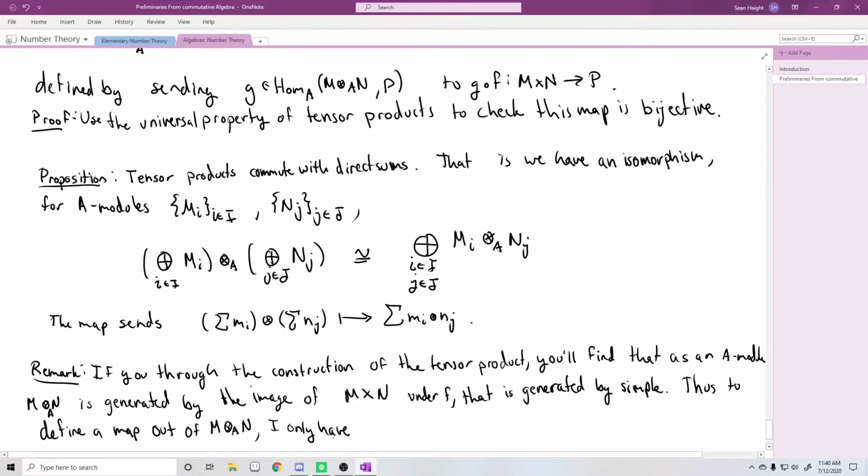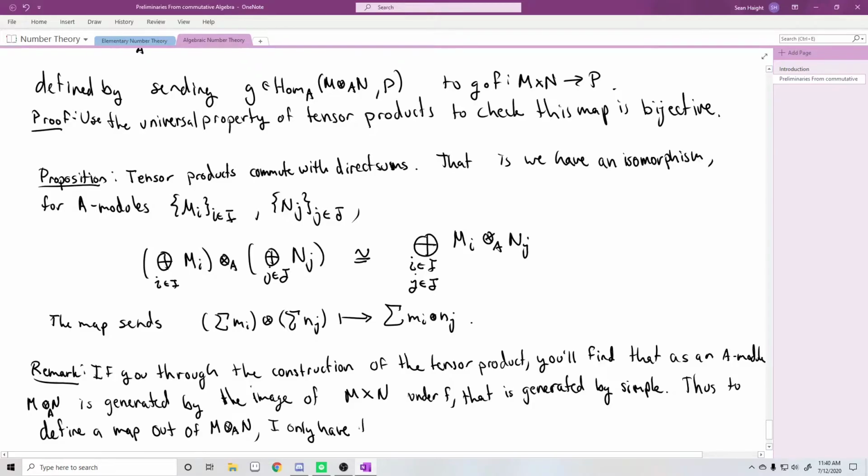I'm not saying that you can just send the simple tensors anywhere. You still have to check that essentially it defines a bilinear map on the Cartesian product after you factor through F. But if I tell you where the simple tensors go, that will tell you where any other element goes.